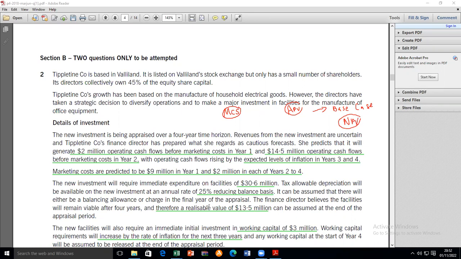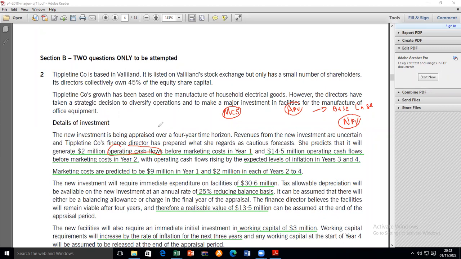Instead of you doing your own sales revenues, this particular question gave us the operating cash flows. Meaning that most of the work has been done for us.